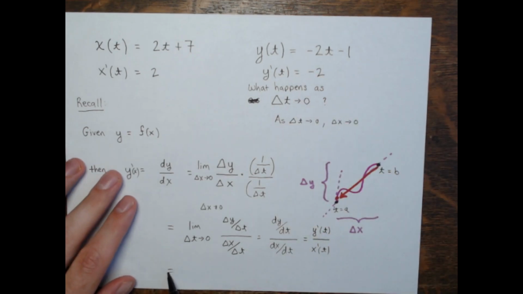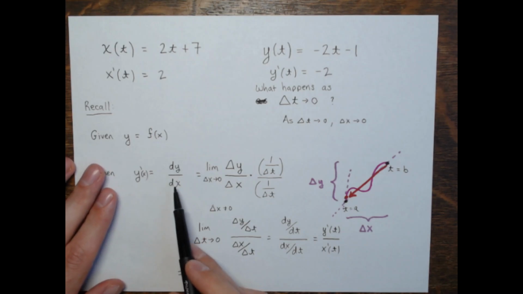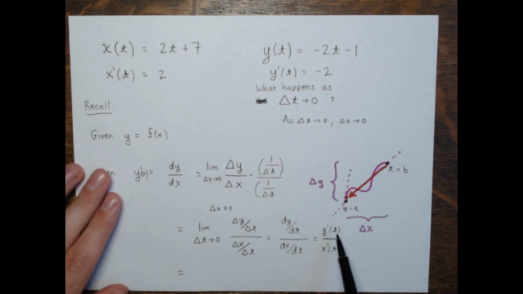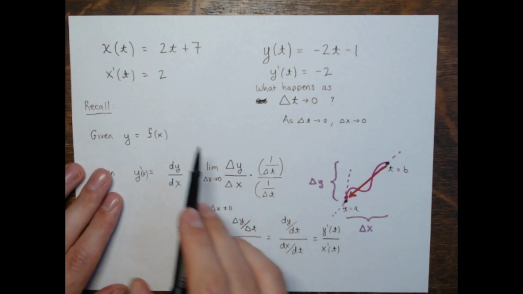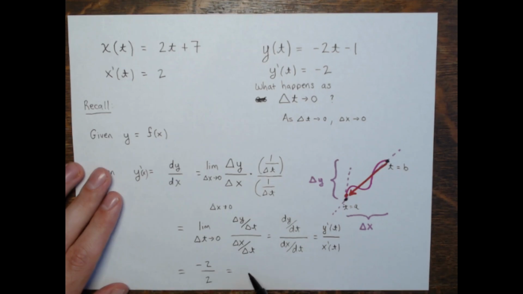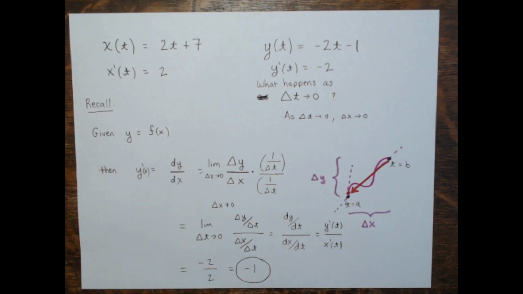So when all's said and done here, our dy over dx, the slope of the tangent line to this curve, is y prime of t, so negative 2 in the numerator, divided by x prime of t, at any value of t, positive 2, and this simplifies to negative 1. And that's it. This is the dy over dx, y prime, first derivative of this curve.